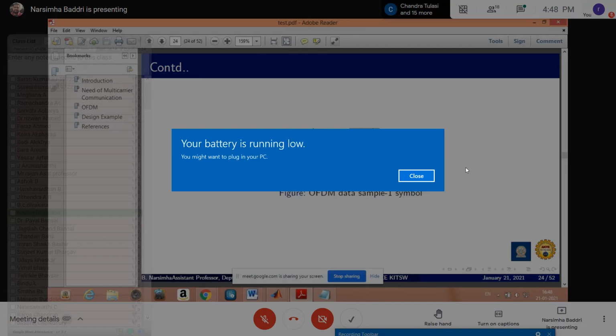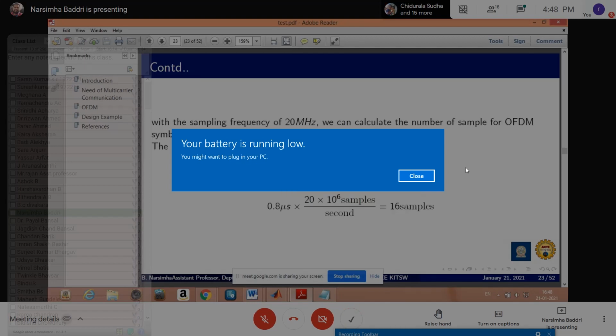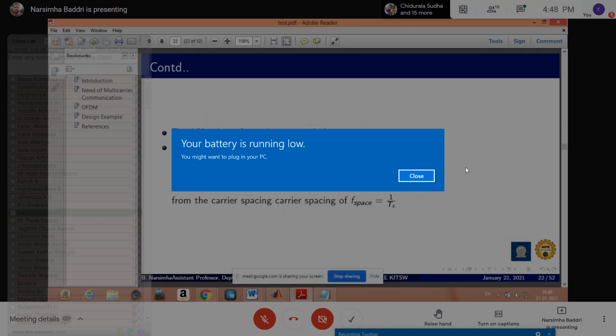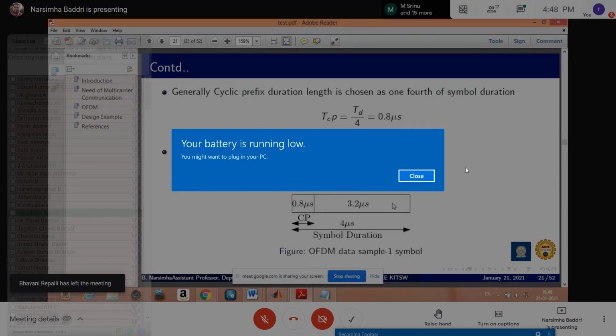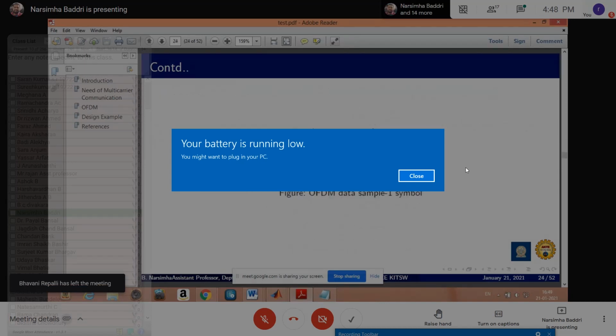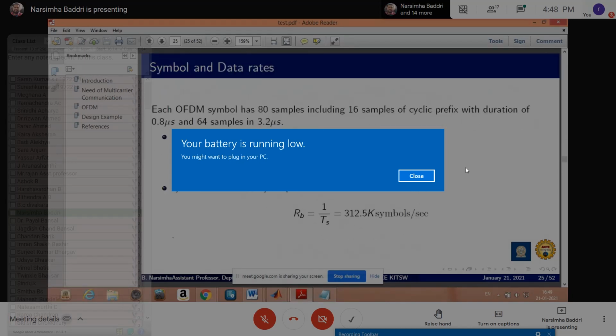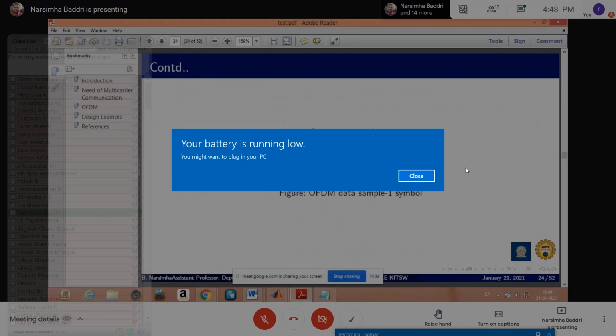So in the total 4 microseconds duration, each OFDM symbol consists of 80 samples. From the given two parameters, that is 20 megahertz bandwidth and 64 subcarriers, these are the derived parameters. Now you can go for programming and designing an OFDM system.